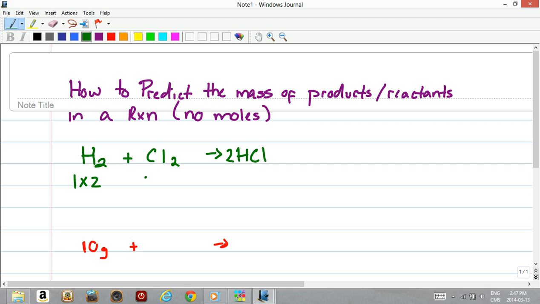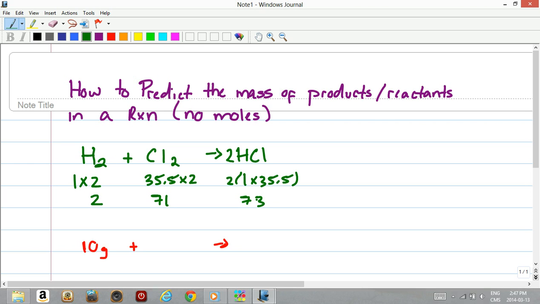And chlorine has a mass of 35.5, and there are 2 of them. So hydrogen in this equation weighs an equivalent of 2, whereas chlorine is 71. And hydrogen chloride is 1 plus 35.5, times 2, so that weighs 73.